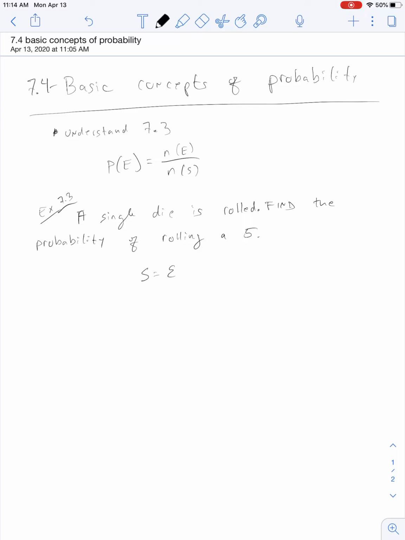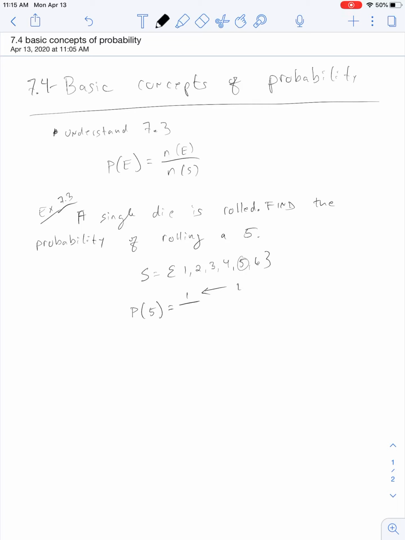Okay, so first of all, we have to understand that our sample size here, you roll a die, just one, and you can get either a 1, a 2, a 3, a 4, a 5, or a 6. All right, so those are the possible outcomes of rolling one single die. We want the probability of getting a 5. Well, we see that there's only 1 5, right?